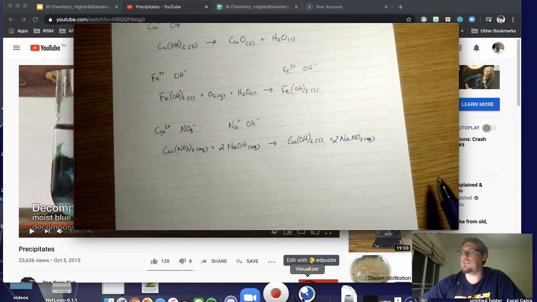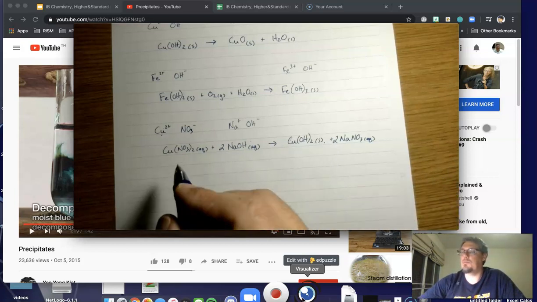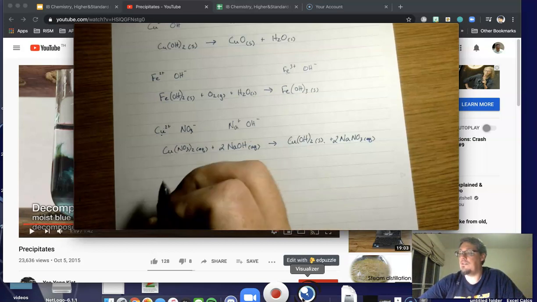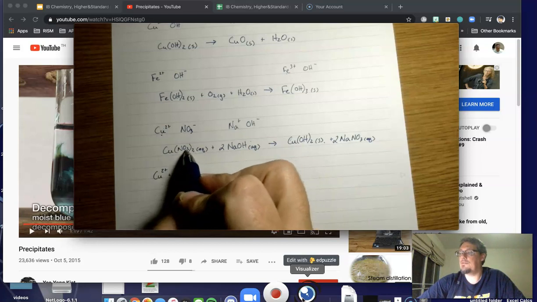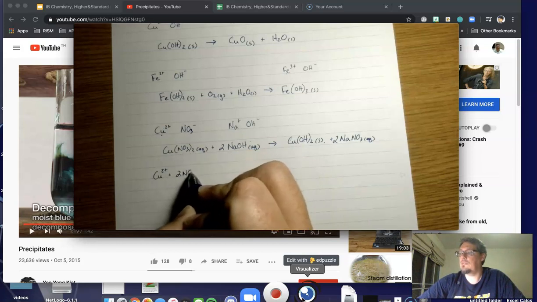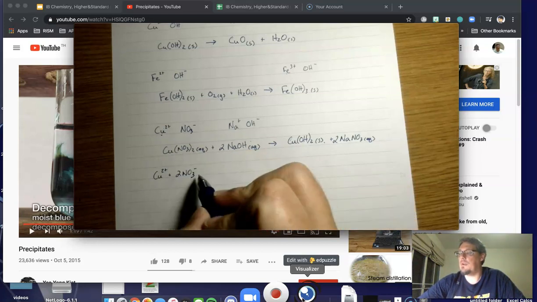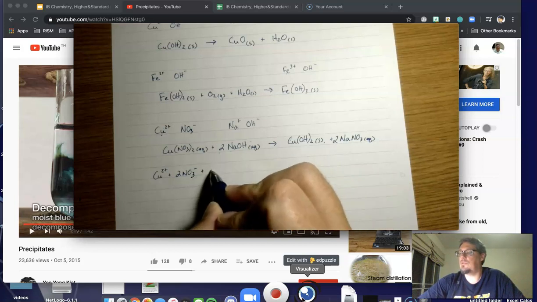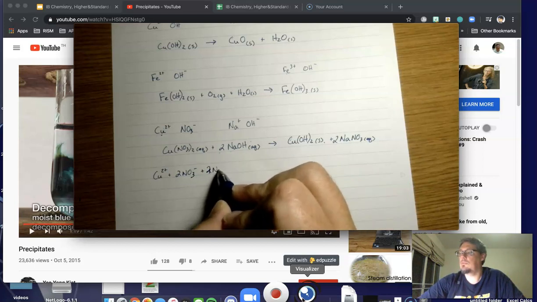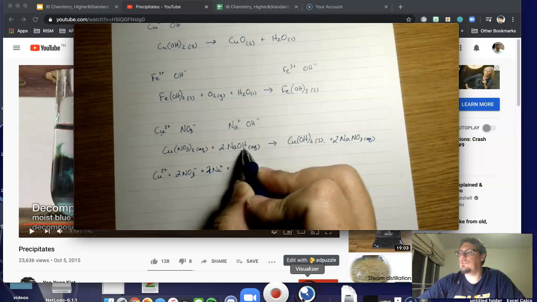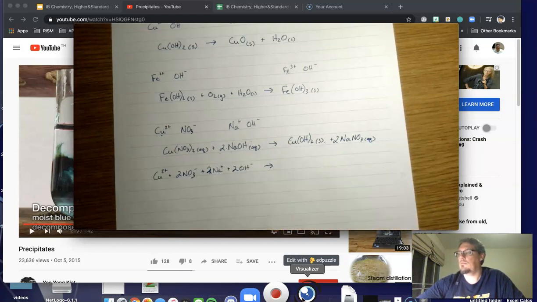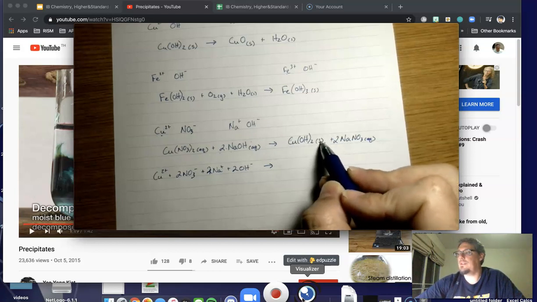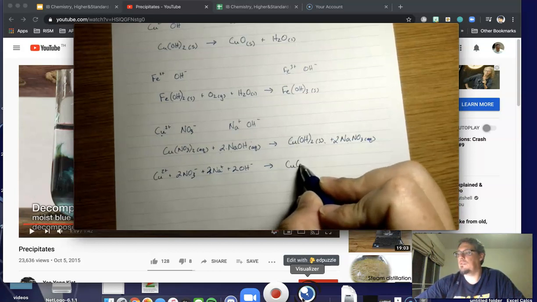So I'm just going to rewrite this in what's called the complete ionic equation. So I have copper 2 plus, I have 2 nitrates, NO3 minus, I have 2 sodiums, and 2 hydroxide. Okay, copper 2 hydroxide is a solid, we're going to leave it alone.